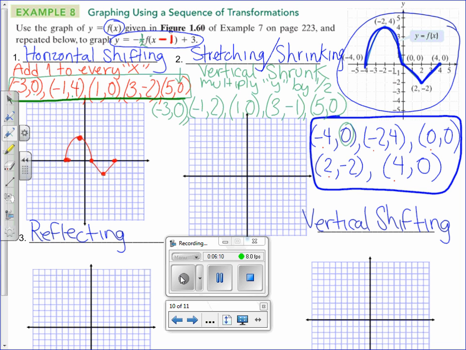So let's go ahead and plot those points. (-3, 0), (-1, 2), (1, 0), (3, -1), and (5, 0).